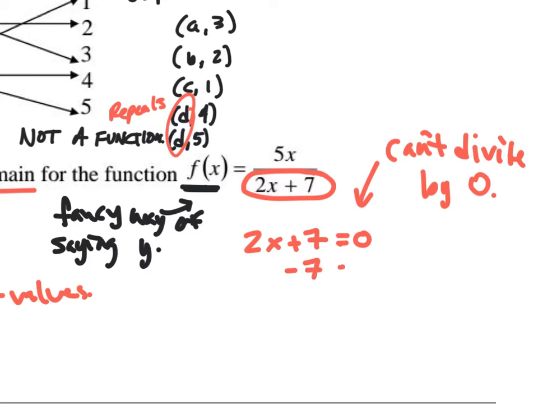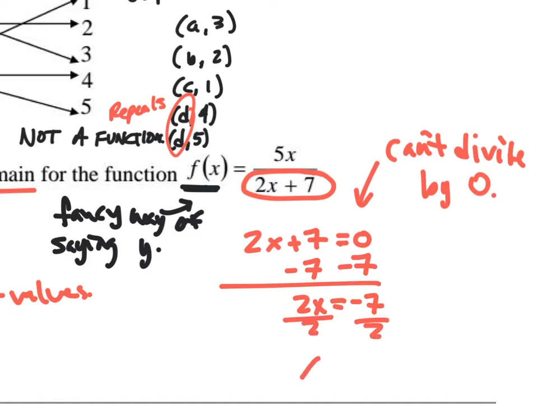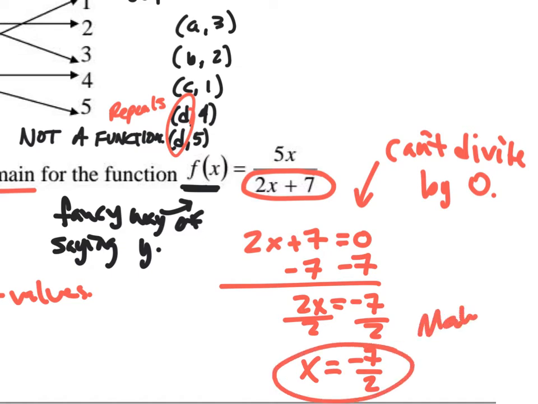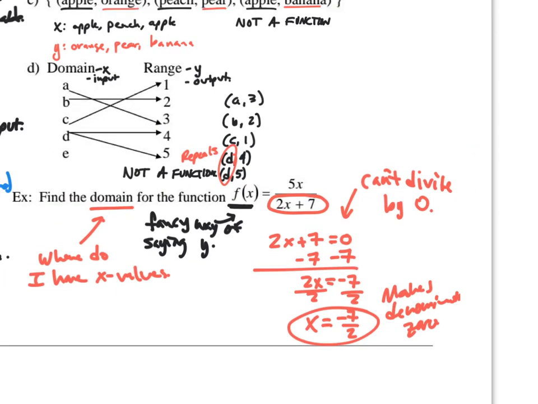I subtract 7 on both sides, and I get 2x is equal to negative 7. I divide by 2 on both sides, so x is equal to negative 7 halves. Now this is what makes the denominator 0. If I make the denominator 0, that means f of x is undefined. I could plug in any other x value, and it doesn't matter.